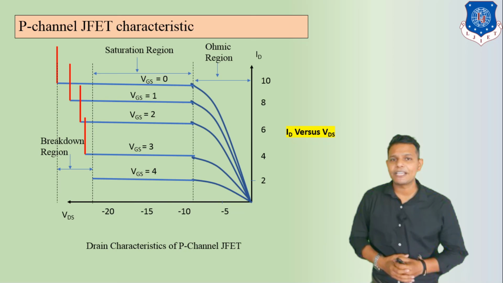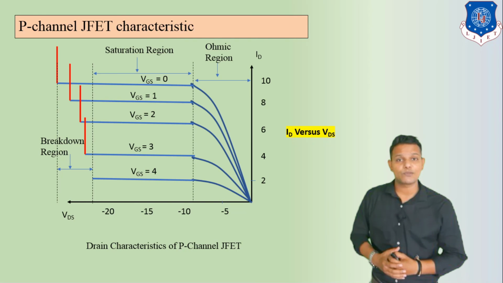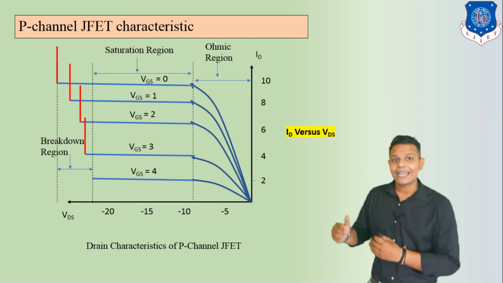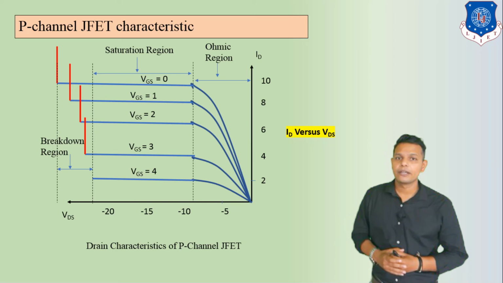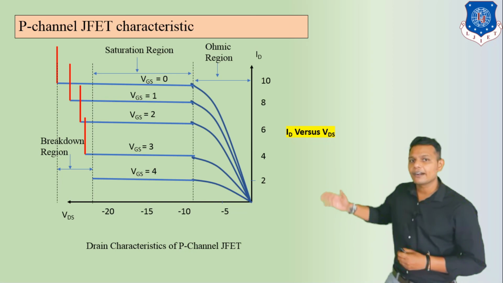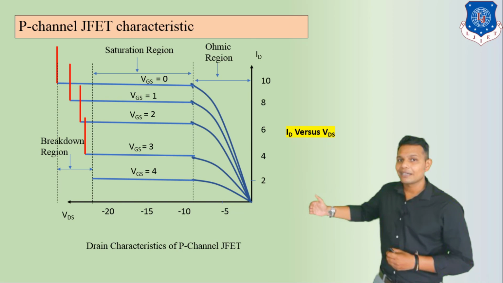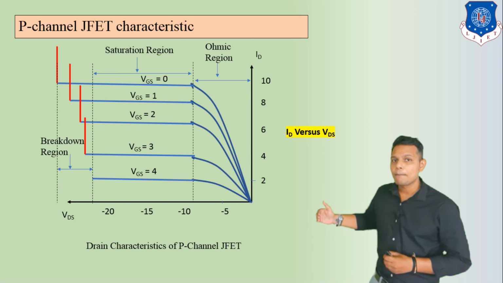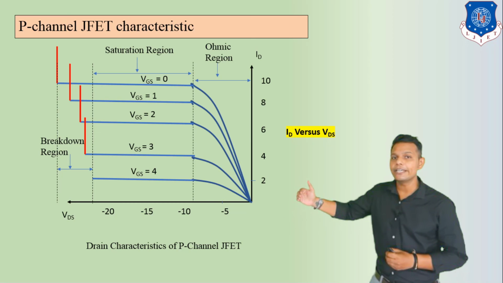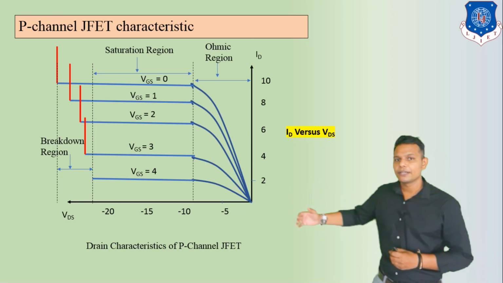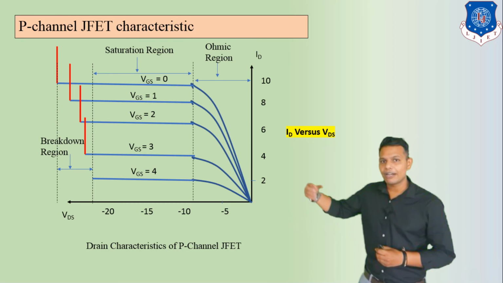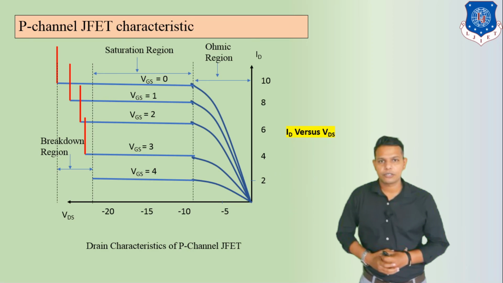Similarly, here are the P-channel JFET's characteristics, as we discussed for the N-channel JFET. But in this graph it is in the second quadrant, because we have to apply a negative value of VDS.